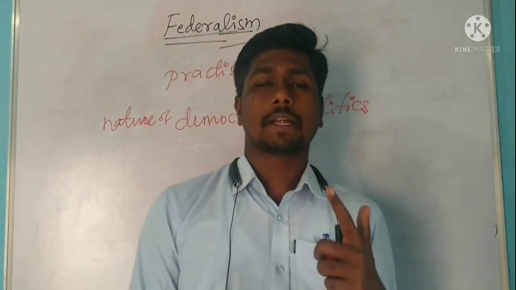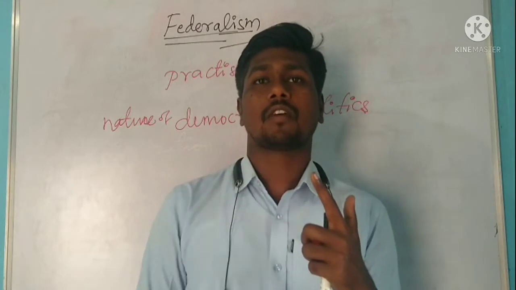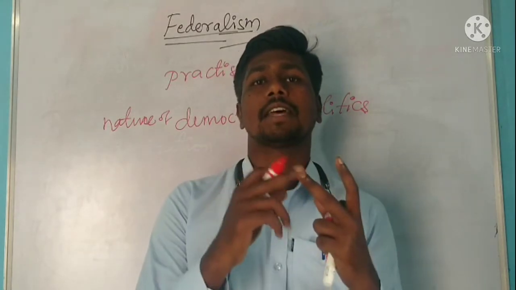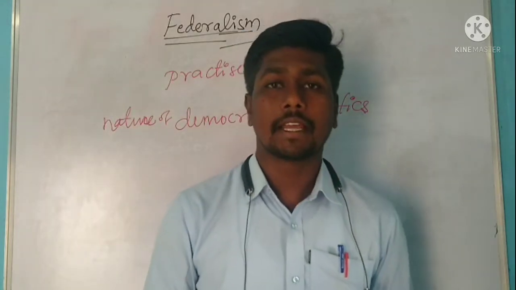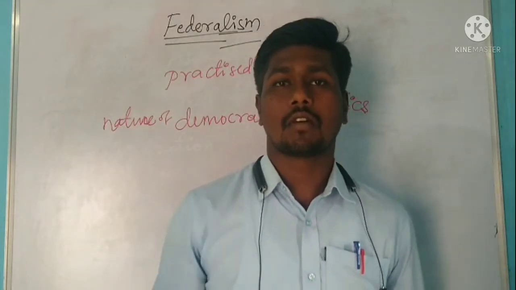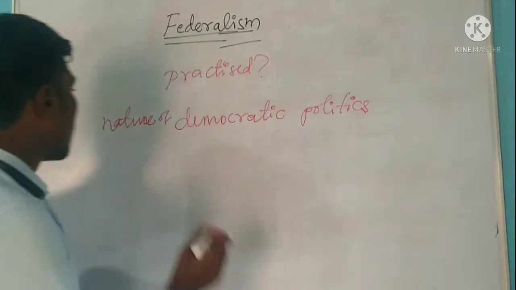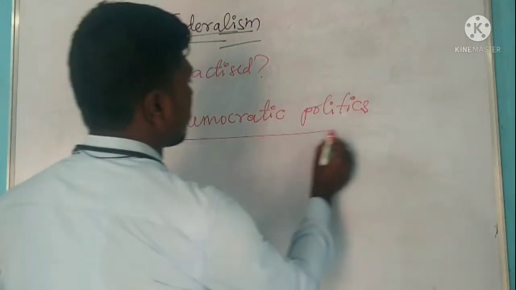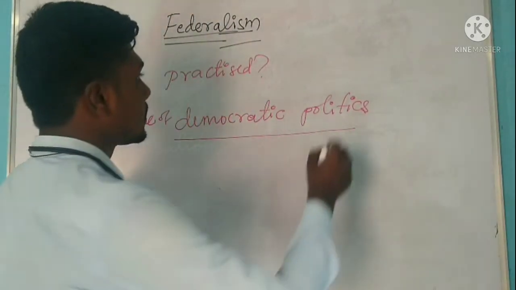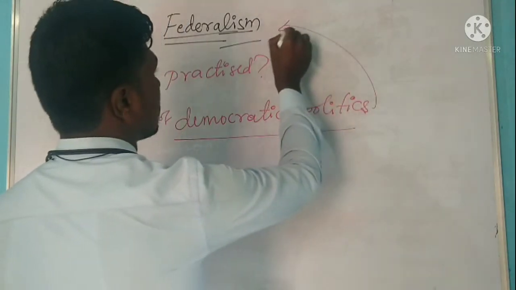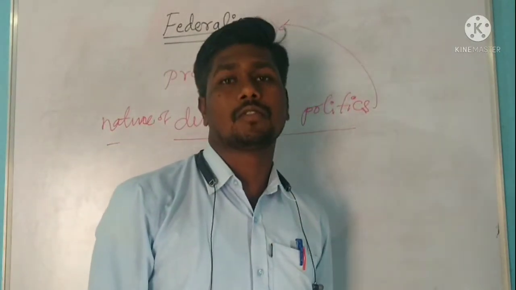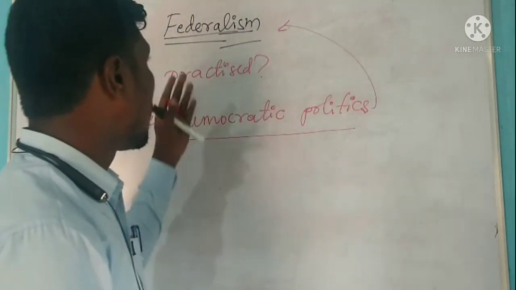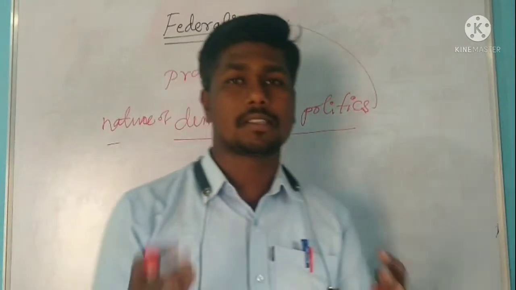Second one, respect for diversity. And third one, desire to live together. These all became the common ideals in our country. These ideals together made our nature of democratic politics. And this nature of democratic politics, together with the provisions of the constitution, made our country's federalism a successful one.